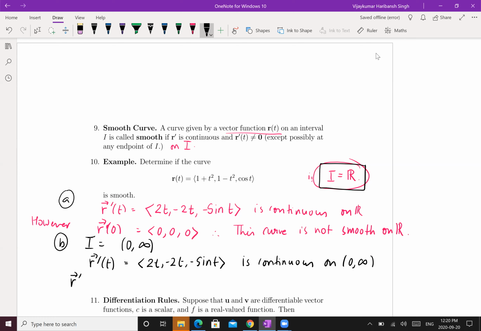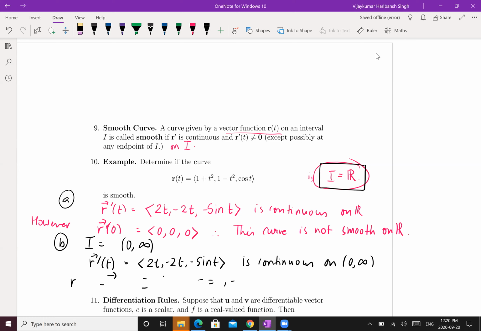And r prime t equals the 0 vector if each component is 0, if 2t equals 0, minus 2t equals 0.